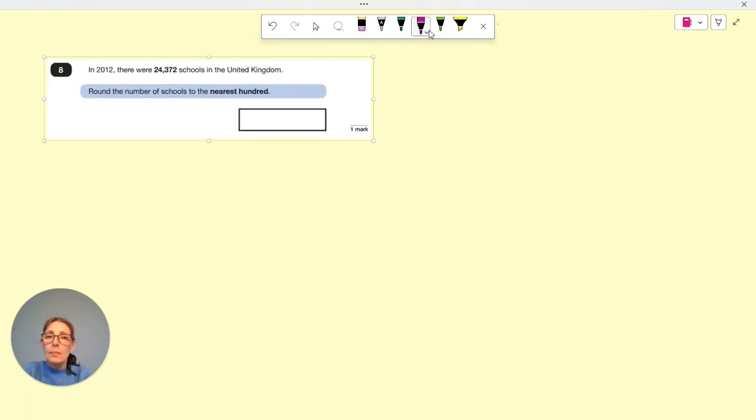There we are. Okay. Question 8. In 2012, there were 24,372 schools in the United Kingdom. Round the number of schools to the nearest 100.